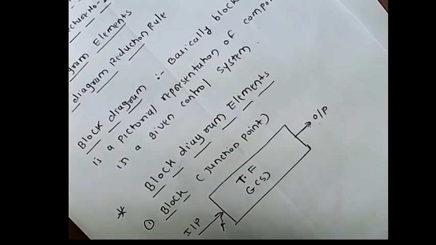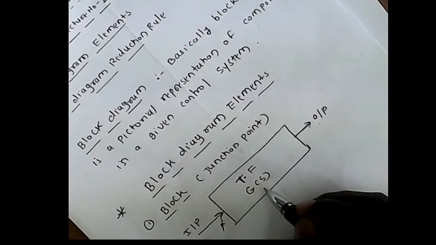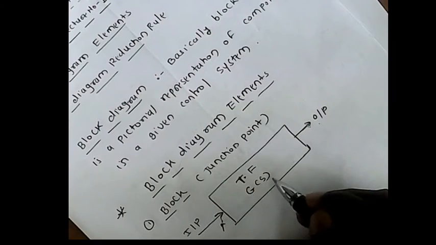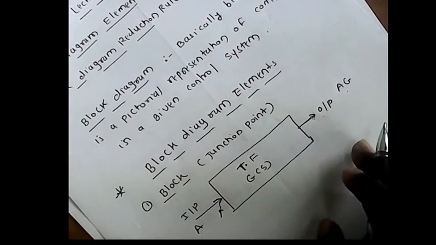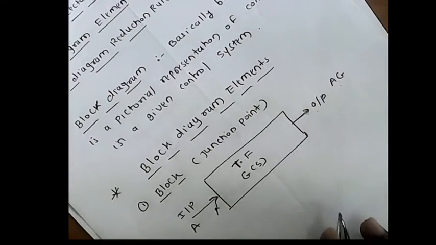Suppose A is the input and G(s) is the Laplace transform of the gain. Then the output of this block is A times G. So a block is a junction point which consists of an input, output and transfer function.